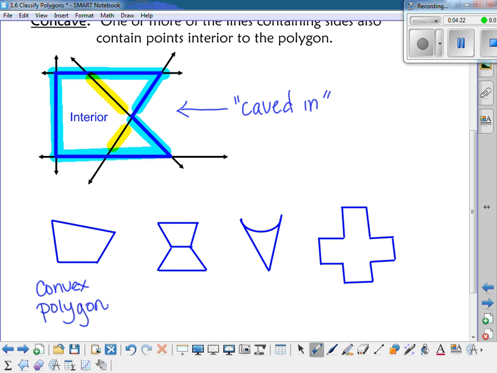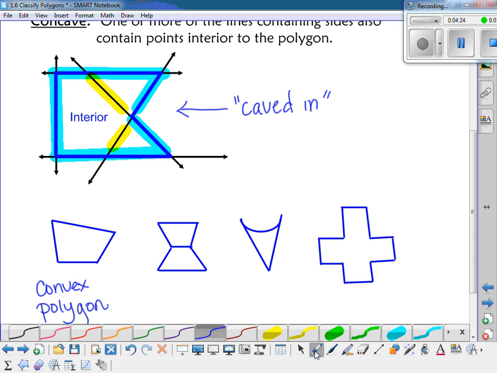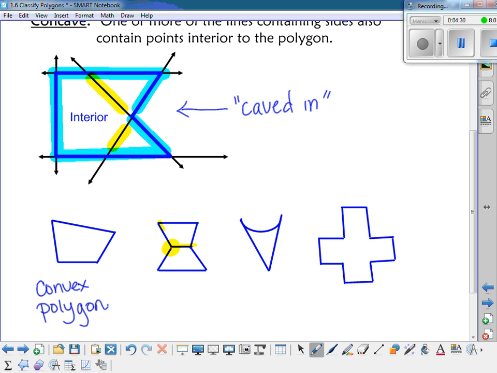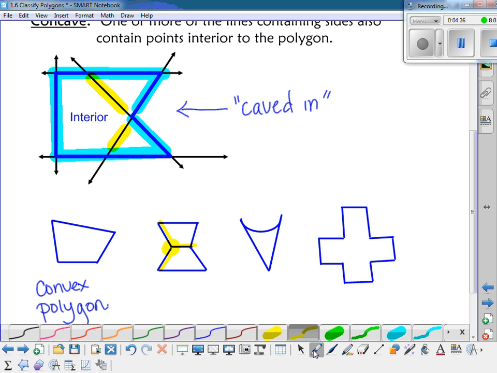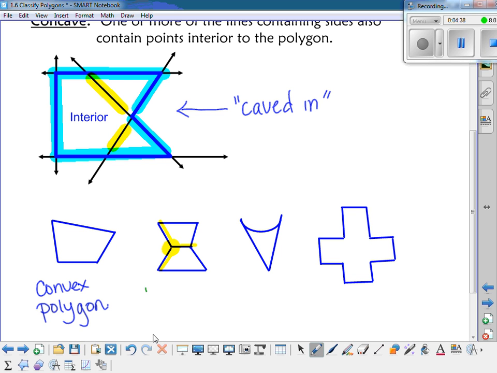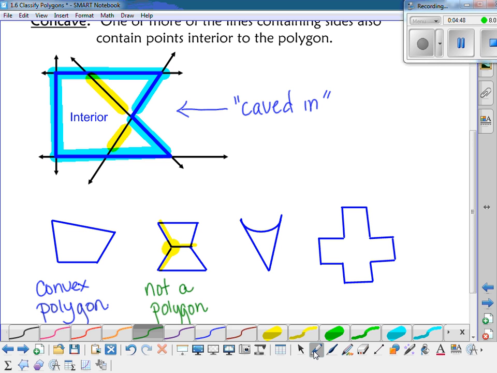If I look at this second figure, the problem is this endpoint is touching 3 sides, and so therefore it is not a polygon. In fact, it's 2 polygons put together. The third one that I'm looking at has a curved side.